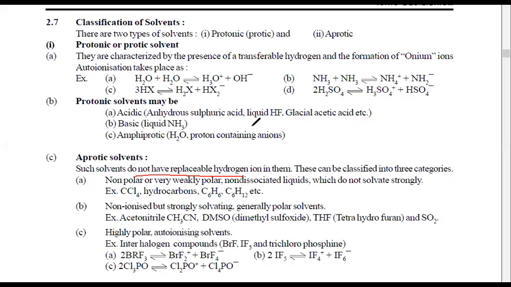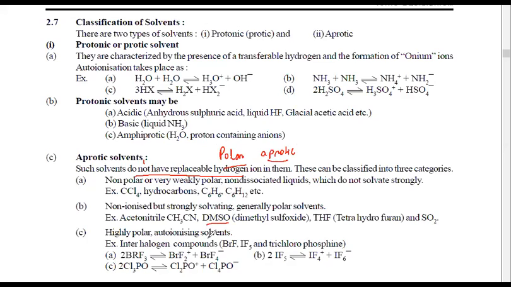So both polar solvents and non-polar solvents may not have exchangeable hydrogens. So when we talk about polar solvents, it consists of both protic and aprotic. But if I'm saying polar aprotic solvent, it means only polar solvents which do not have exchangeable hydrogen.